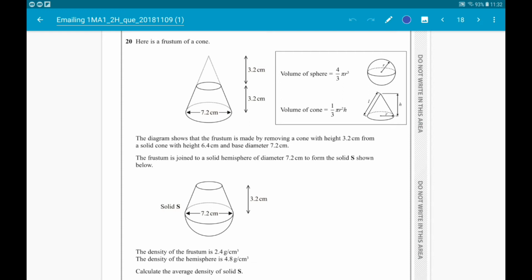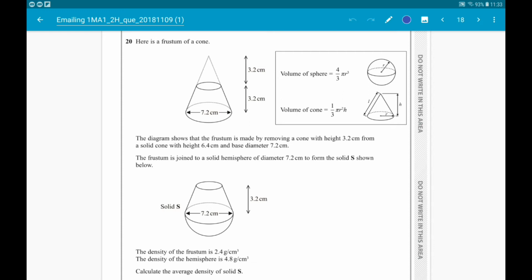Okay, we're told the frustum is joined to a solid hemisphere of diameter 7.2 centimeters to form the solid S shown below.